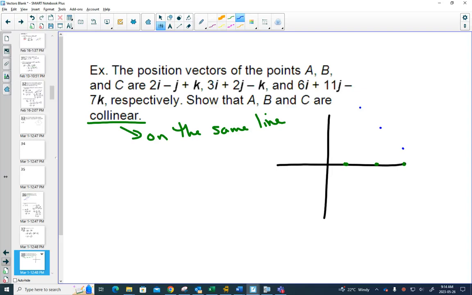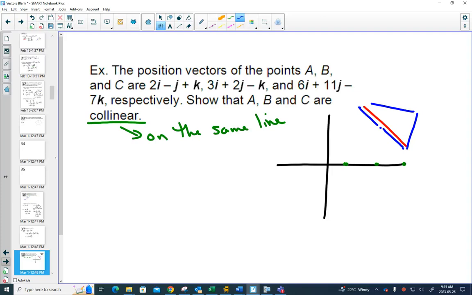You could figure out the distance from here to here and the distance from here to here. And if it was the same as the distance from there to there, would that make sense to you? Then they'd have to be on the straight line. Because if the red distance was shorter, then that would tell you your blue lines went off and weren't in a straight line.